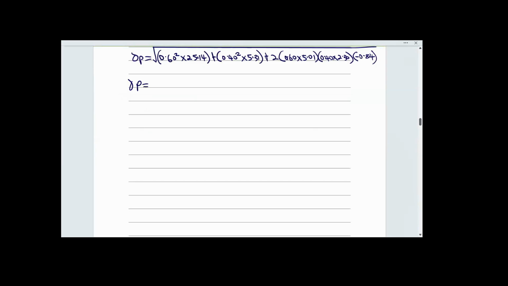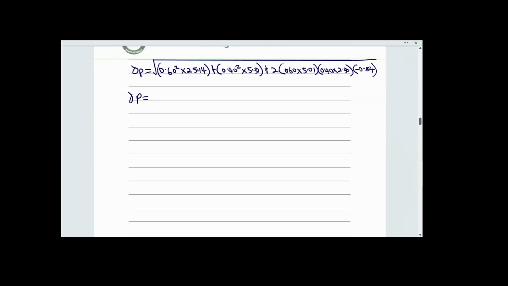So this one will then be equal to, let me use the calculator, 0.6 squared multiplied by 25.14.